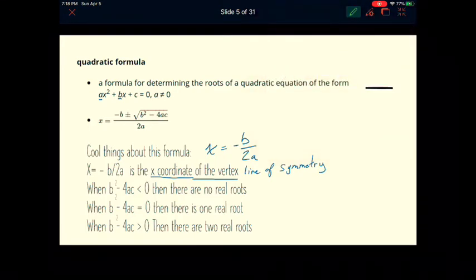Another cool thing, that's not really connected to the formula, is this under here. We went into this a little bit because I had given you an example that didn't work out. But this little guy, anything under, so we talked about square roots. We can't have a negative something underneath a square root sign. That can't be done.